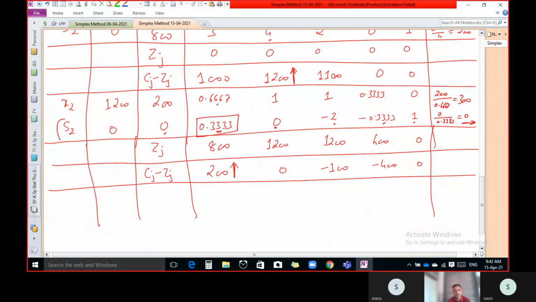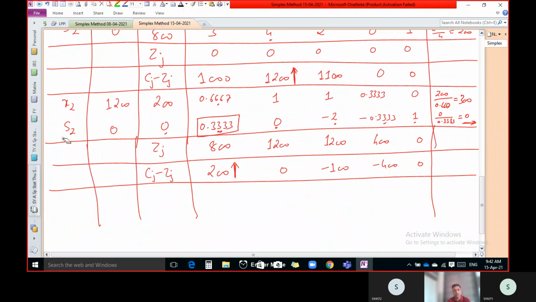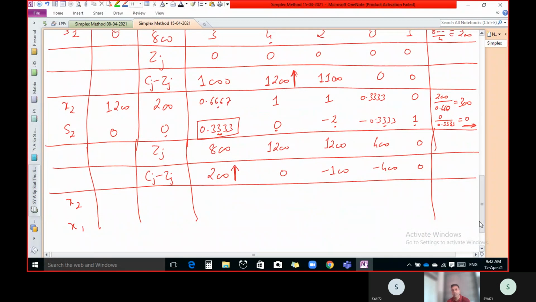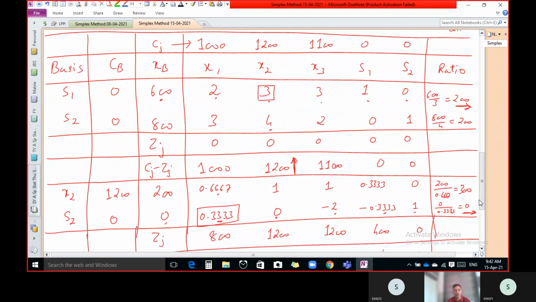So this x2 will leave the basis, and in that place this x1 will enter. So now next table, here you have to write x2, and in place of s2 we have to write x1. So x1 will enter in place of S2.